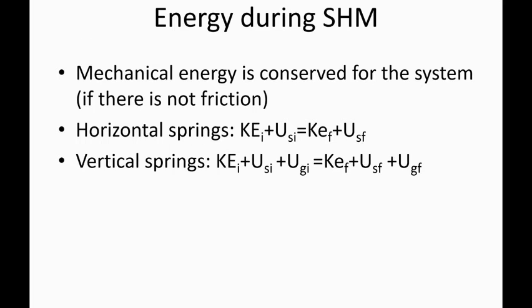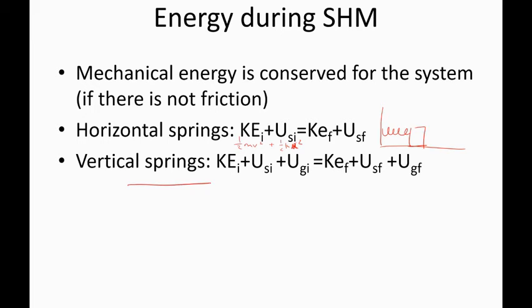So when I'm looking at that energy during simple harmonic motion, we just talked about that. When you're looking at a horizontal spring, well, there I don't have gravitational potential energy. So I have my kinetic energy initial, which is 1/2 mv squared, plus my 1/2 kx squared, and that's equal to my kinetic energy final and my spring potential energy final.